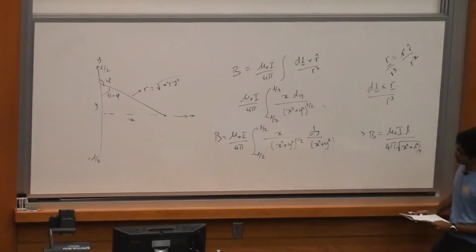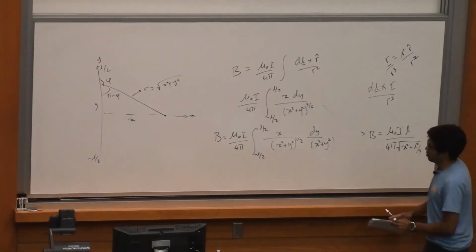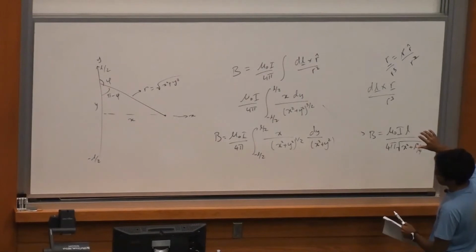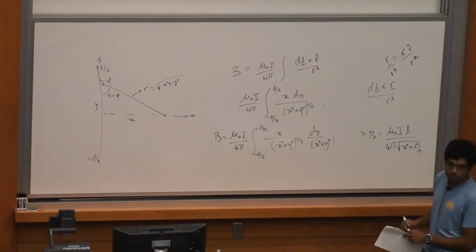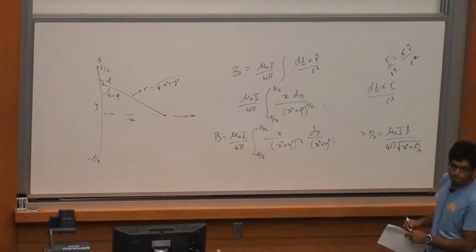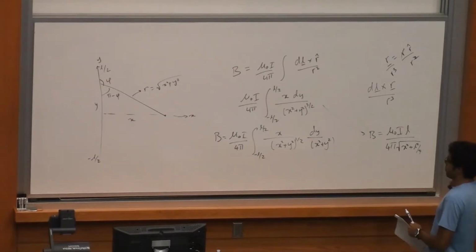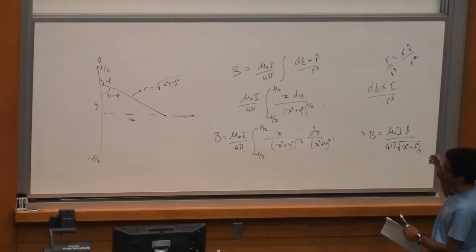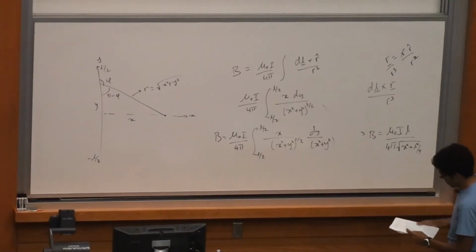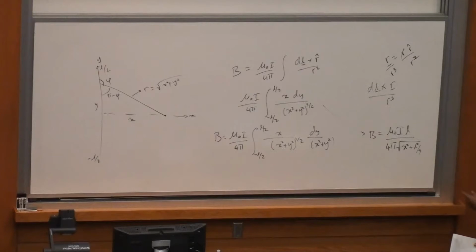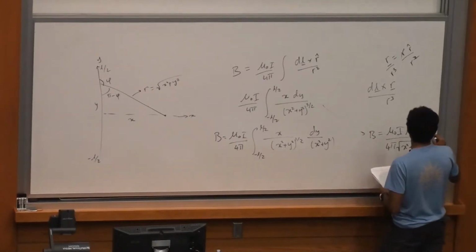And the direction for this is, well, current's going this way, so which way is my magnetic field going to be in? So it's x, y, so positive z is coming out this way. So magnetic field is going to be in my negative z direction at that point. Right, so the direction is negative z hat.